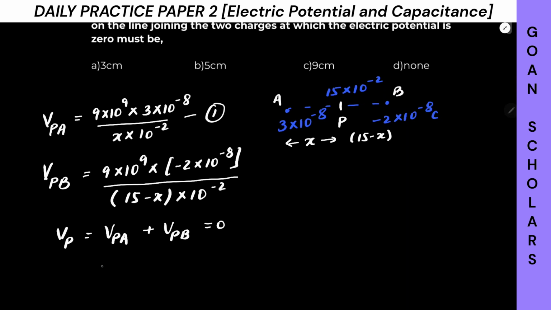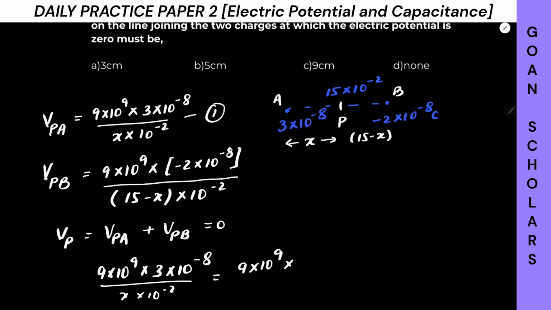So here VPA will be 9 into 10 to the power 9 into 3 into 10 to the power minus 8 whole divided by x into 10 to the power minus 2, plus 9 into 10 to the power 9 into minus 2 into 10 to the power minus 8 whole divided by 15 minus x into 10 to the power minus 2, equals 0.